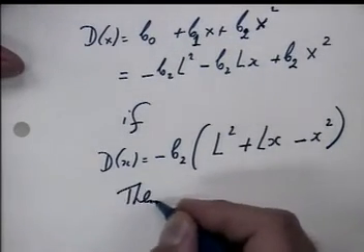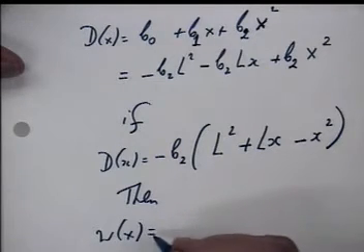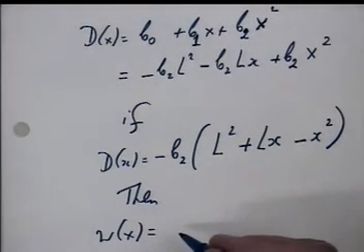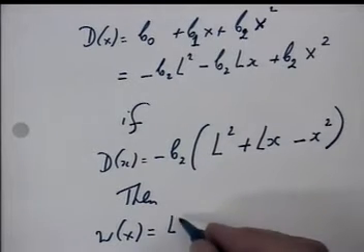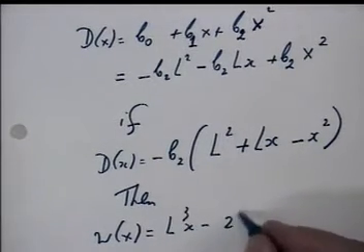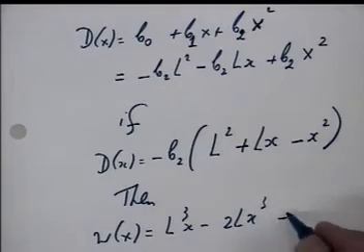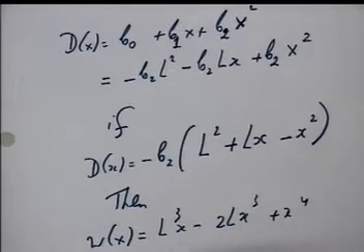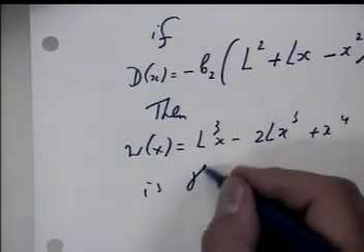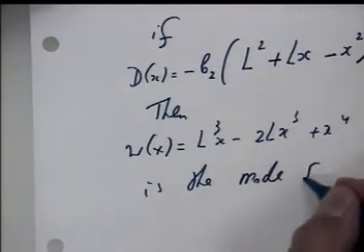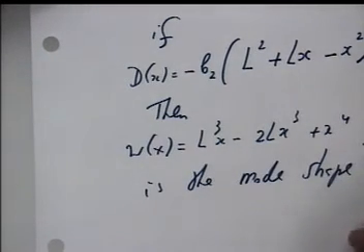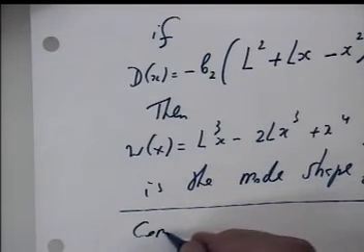Then W of x that we talked about. And what is this W? L cube x minus 2L x cubed plus x in fourth power is the mode shape. Comments?